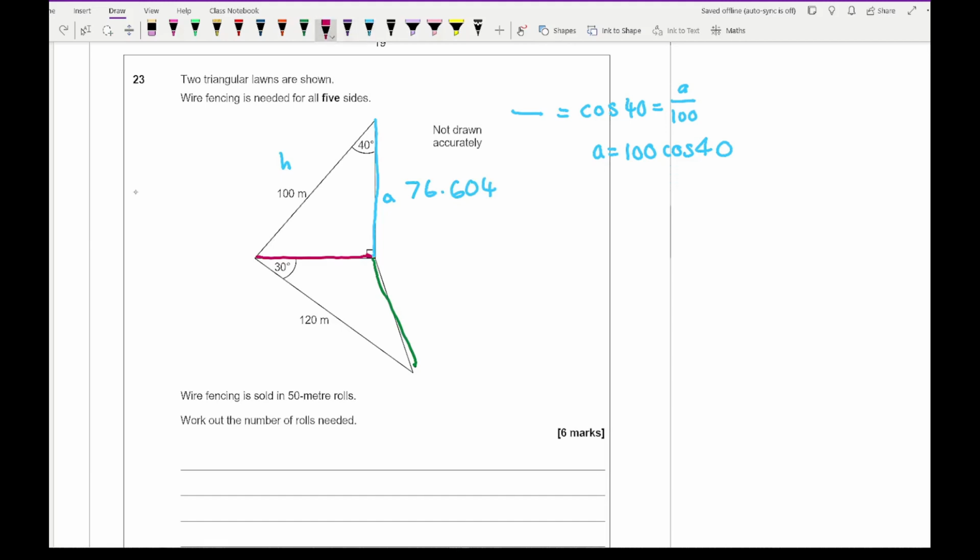Then for this purple line, which I'm going to call O, we've got sine 40 equals O over 100.